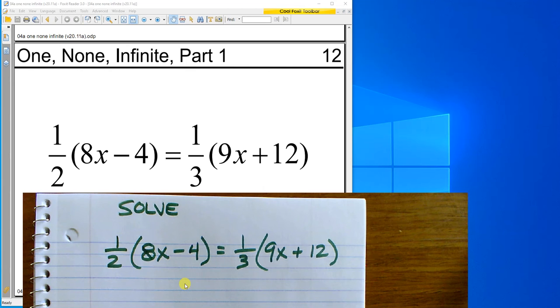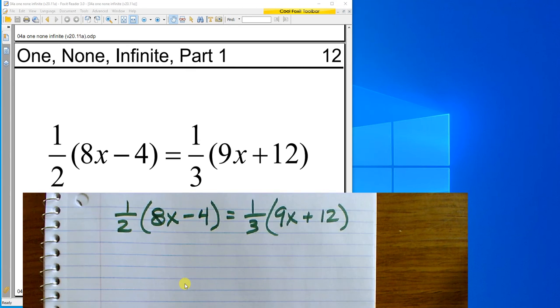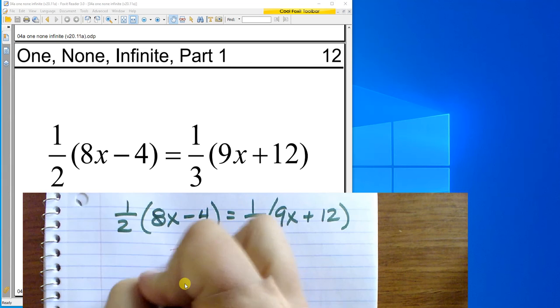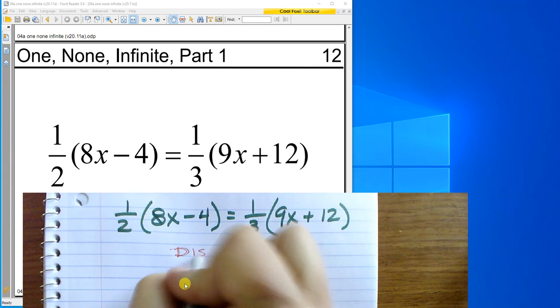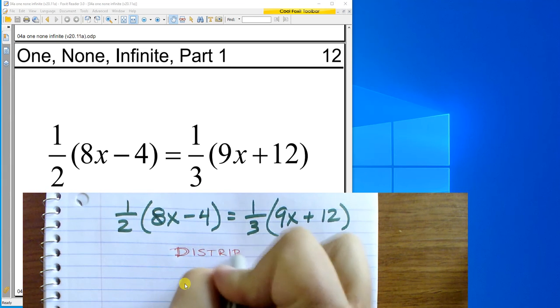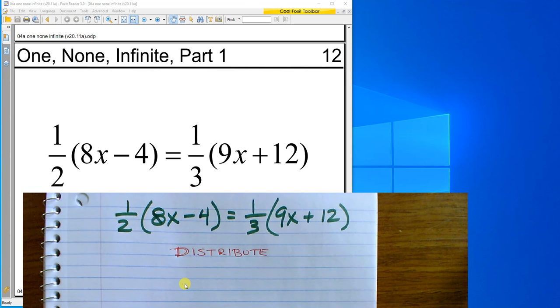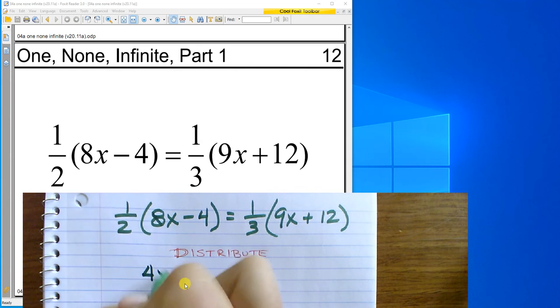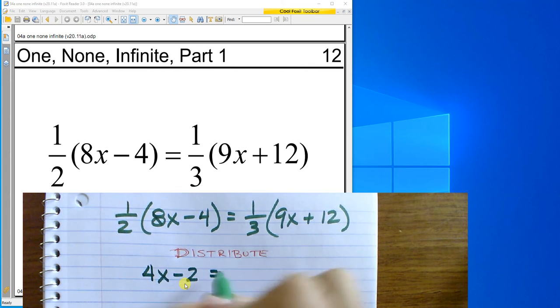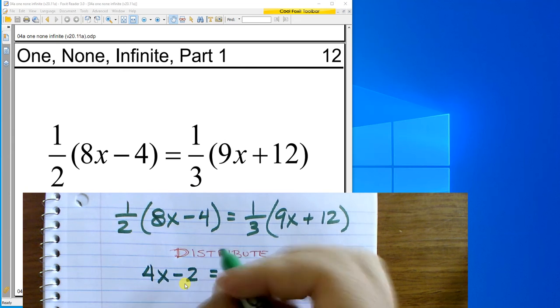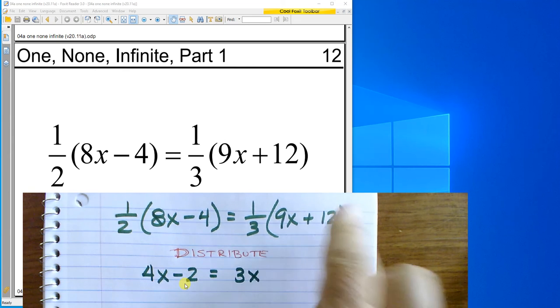If it doesn't have a solution, or if it has infinite solutions, tell me. So half of 8x, we'll start with the distribution. Half of 8x is 4x minus 2 equals 1/3 of 9 is 3x, and 1/3 of 12 is 4.